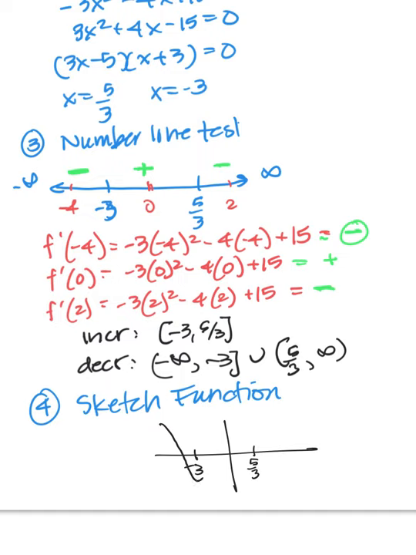And at negative 3, this is where we said it was equal to 0, so that was our horizontal tangent line. And now it's going positive between negative 3 and 5/3. And then it's headed back down, negative. So at those critical values, again, that's where your tangent line is horizontal and has a value of 0. So we are looking to see what happens on either side of the critical values to give us a sketch of the function. See you next time.